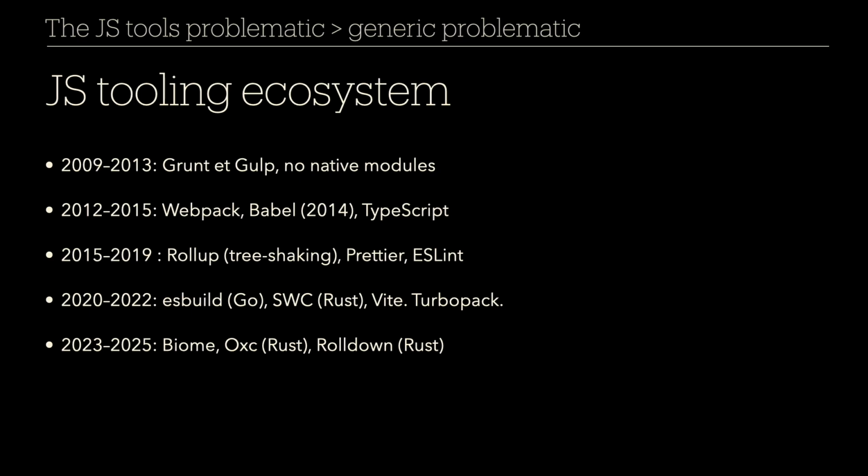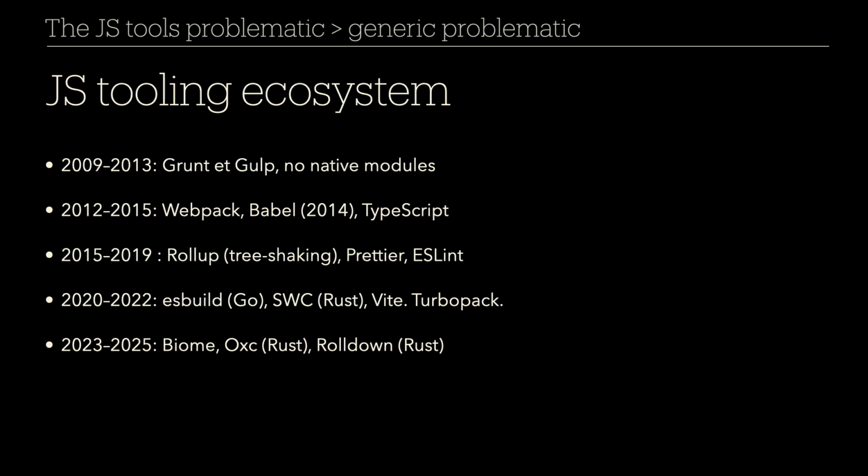Who used Grunt or Gulp in his life? Oh, yeah, okay, good. No native modules and so on. Then there was Webpack, Babel, TypeScript appeared. Then Rollup with tree shaking, a good innovation. Prettier, ESLint. And then we had the time of native tools, so tools built not on JavaScript, but on some other languages, such as Go or Rust.